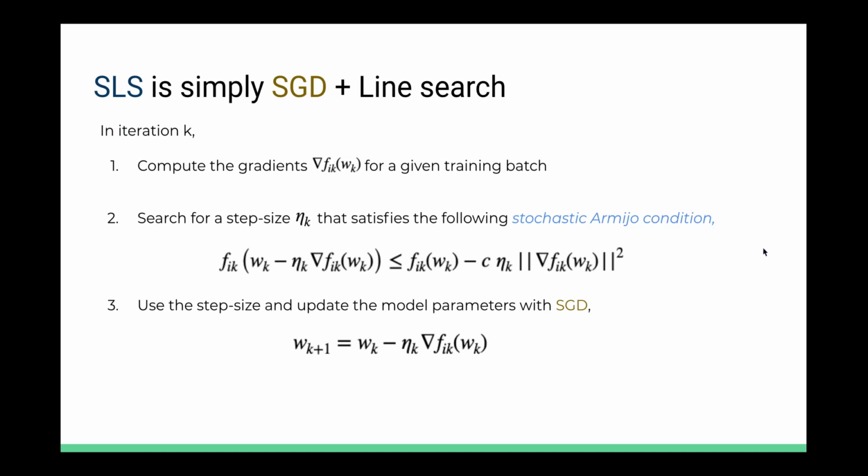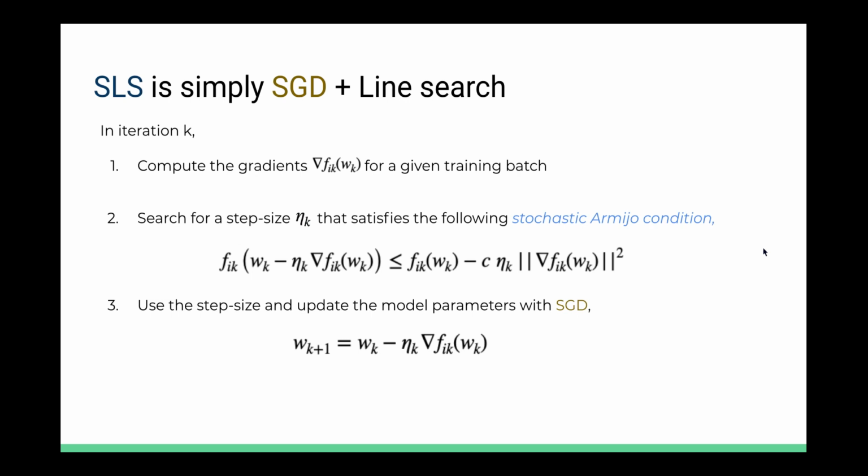In each iteration k, we compute the stochastic gradients for a given training mini batch. In step 2, we search for the step size eta k that satisfies the following stochastic Armijo condition. This condition is a stochastic equivalent of the deterministic condition used in optimization.